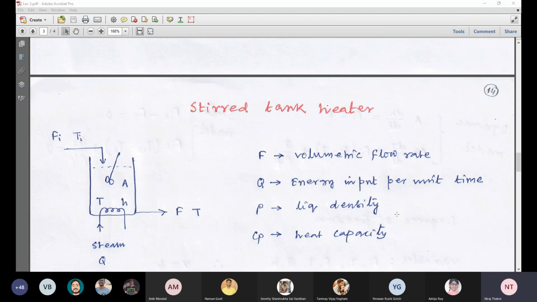Any difference you are observing between this and the last example, the liquid tank system? Yes, the heating part. We have to consider the energy conservation. Correct.